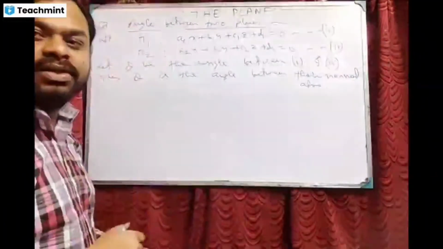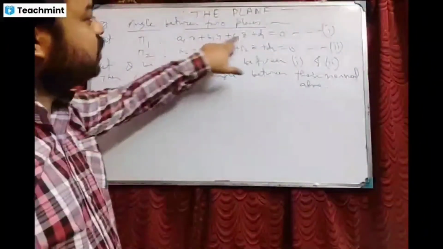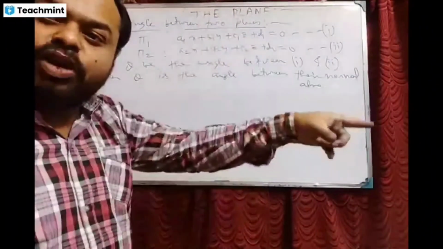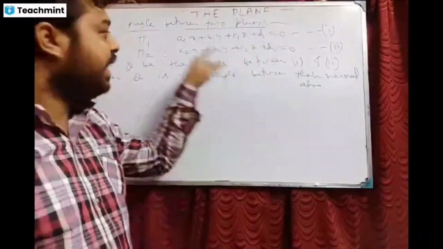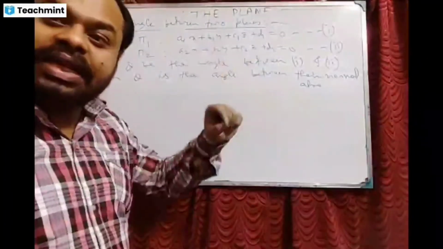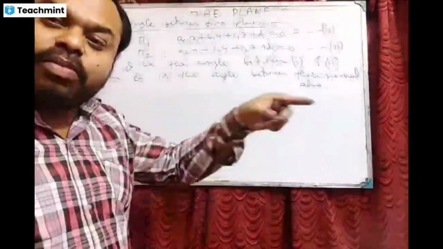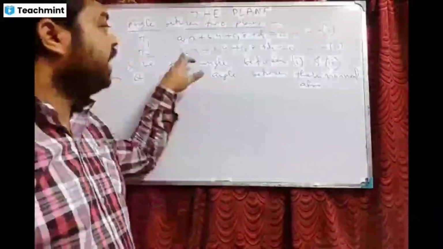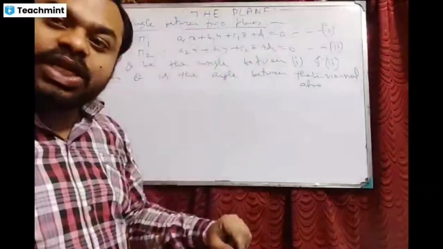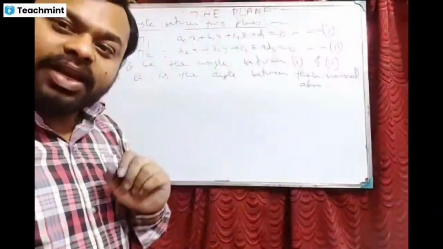Again, we know that A1 B1 C1 are the direction ratios of the normal to plane 1, and A2 B2 C2 are the direction ratios of the normal to plane 2.